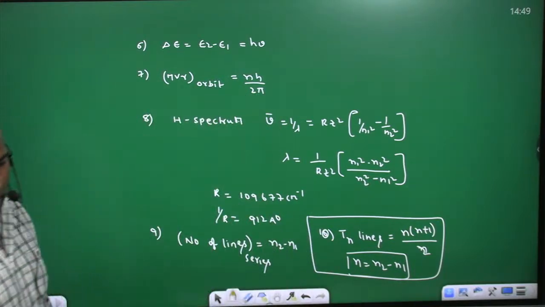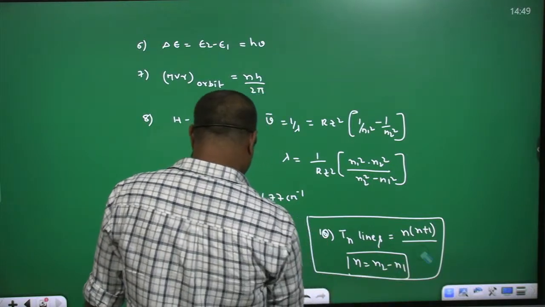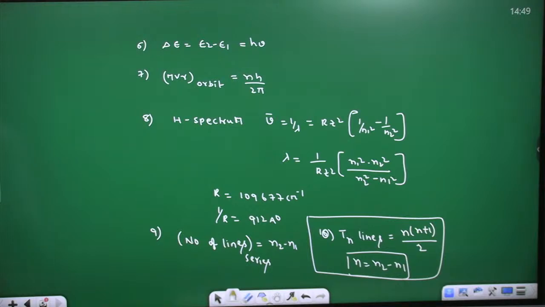These are the formulas related to the hydrogen spectrum.